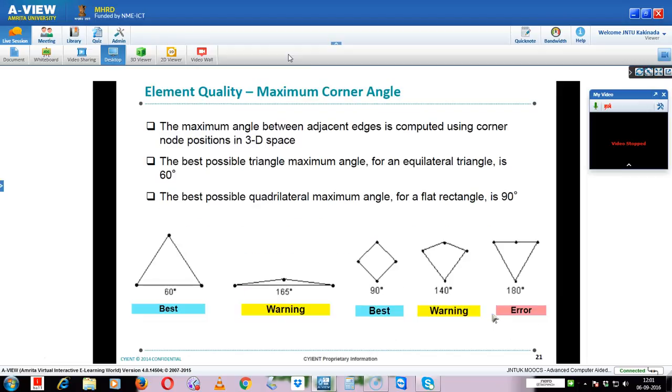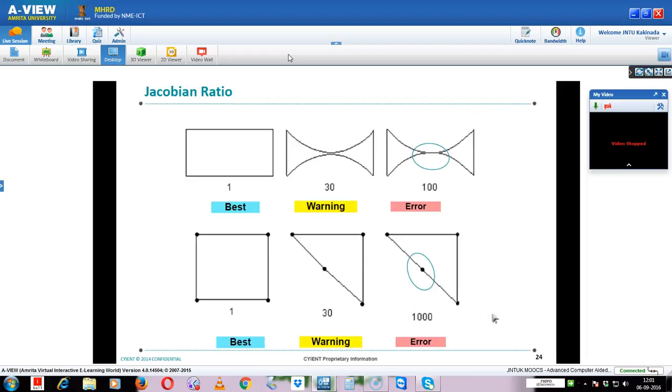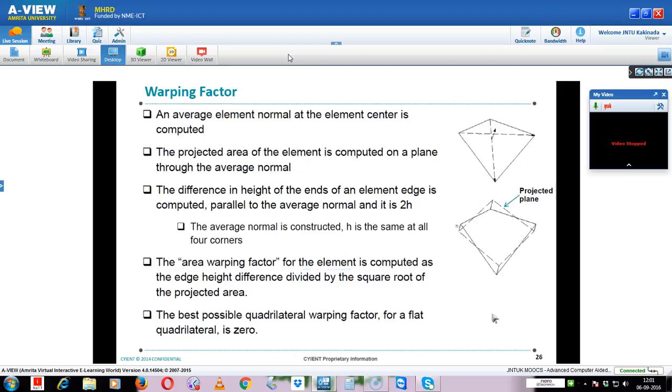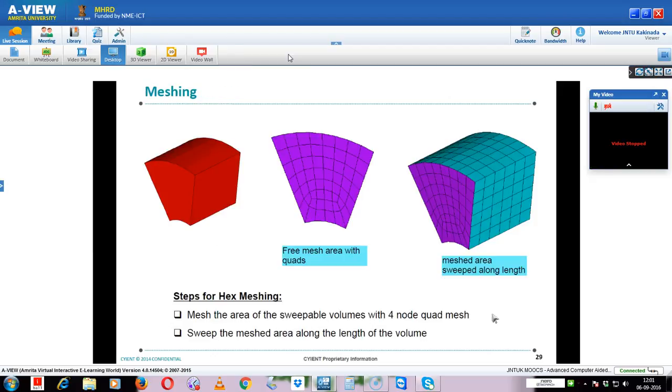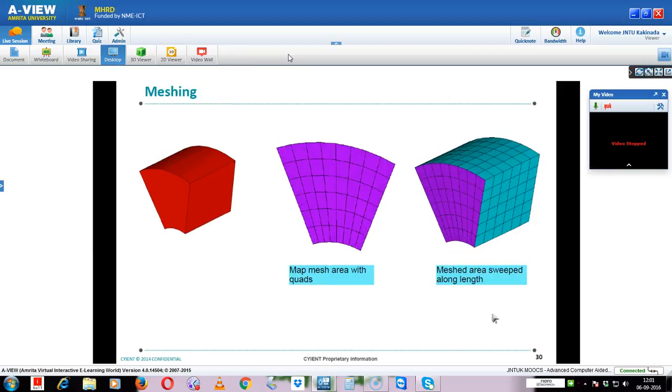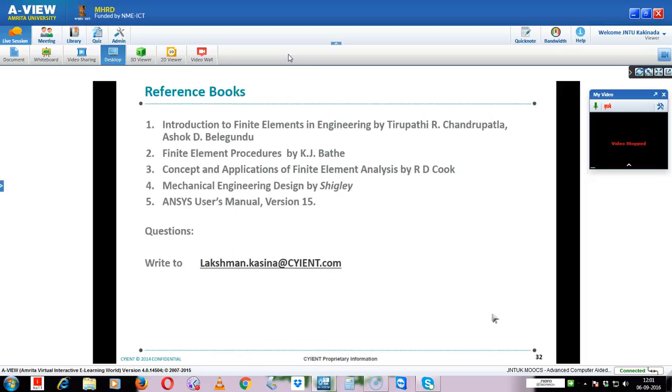So next session, we'll talk about Jacobian ratio. It is very critical to understand what Jacobian ratio and warping factor are. I'll tell some techniques on meshing as well.